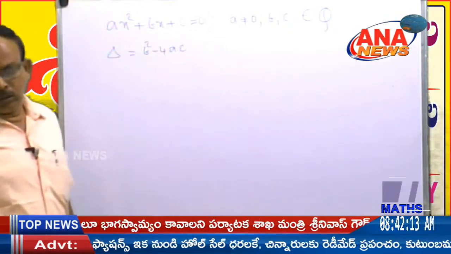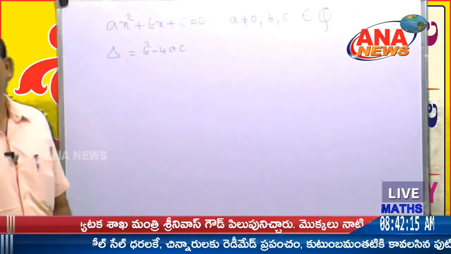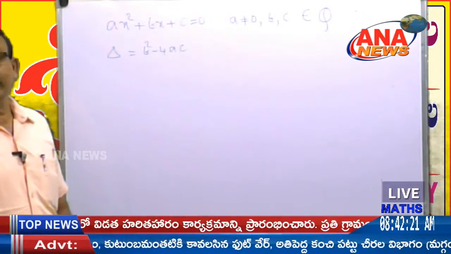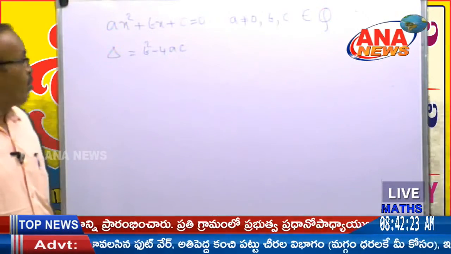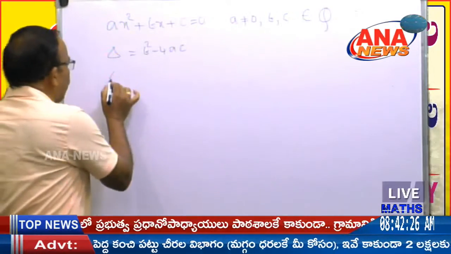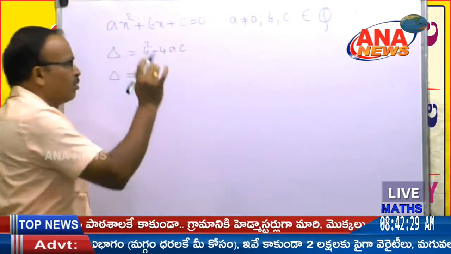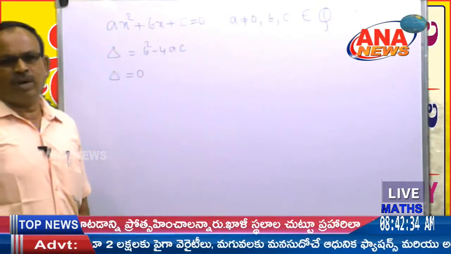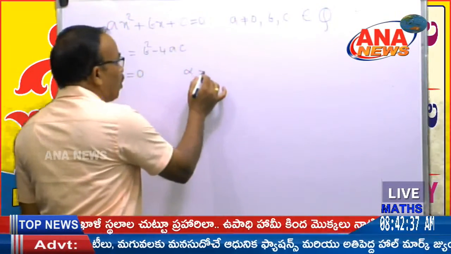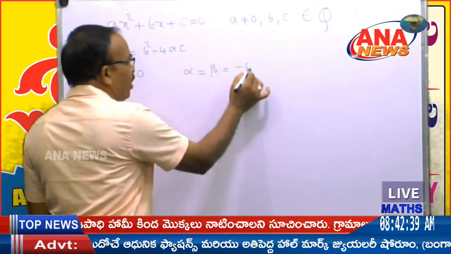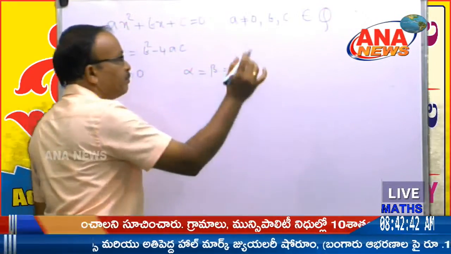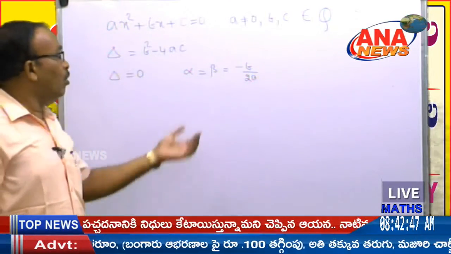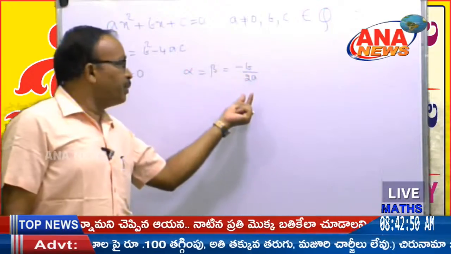Already we know the nature of roots depends on the delta value, the discriminant. Okay, first case: if delta is equal to 0, then alpha is equal to beta is equal to minus b by 2a, because the discriminant is 0, so both roots are equal to minus b by 2a.